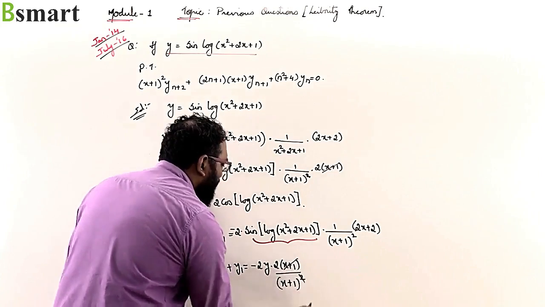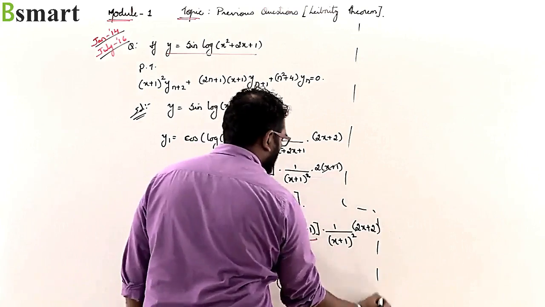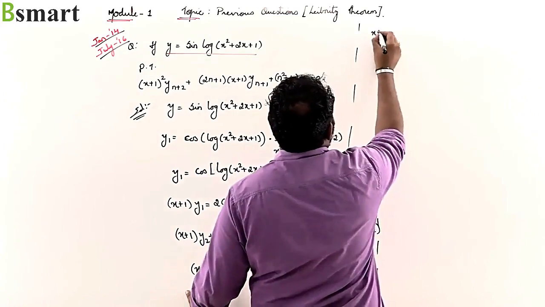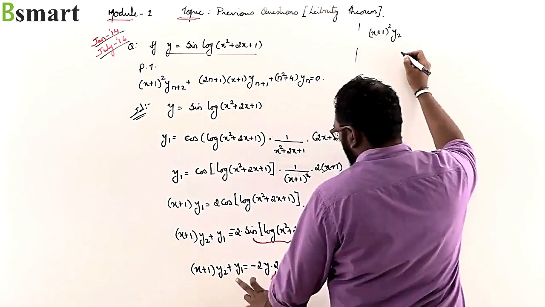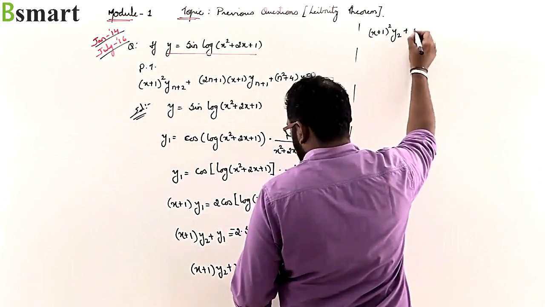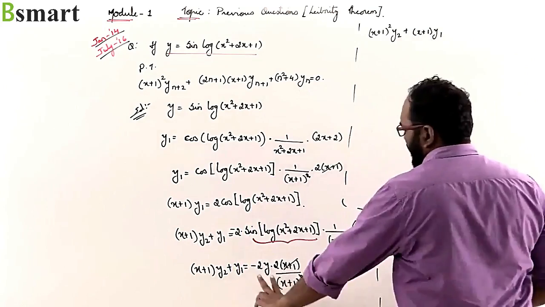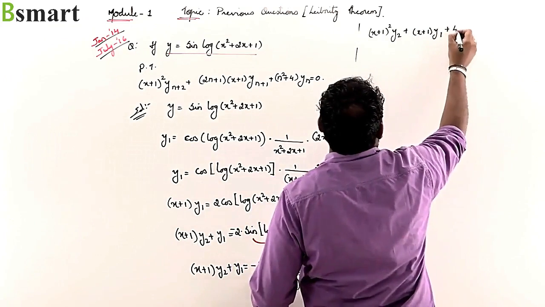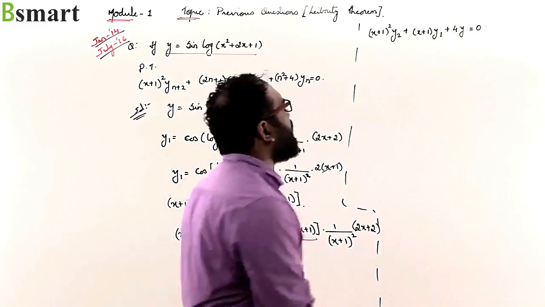So x plus 1 and square will get cancelled, and so bring x plus 1 this side, so that will be x plus 1 whole square into y2 plus x plus 1 into y1, and again here this is minus 4y, if that comes that side, so that is plus 4y is equal to 0.